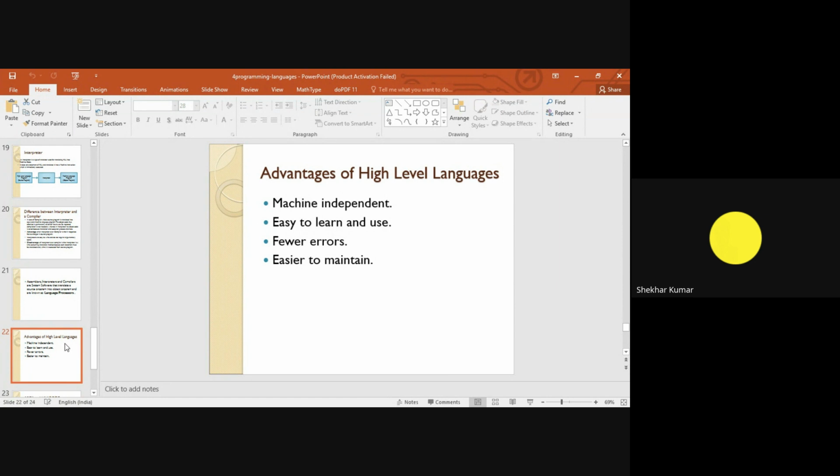But there are some disadvantages also in this language. High-level language takes more space compared to your machine-level language or assembly language, because it has a rich vocabulary as compared to machine-level language and assembly-level language.